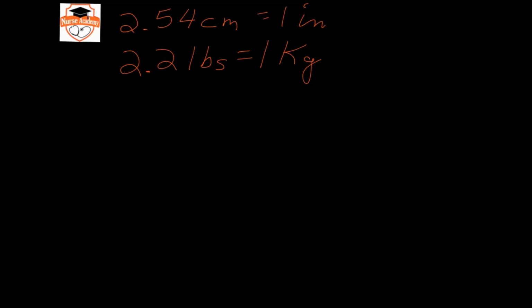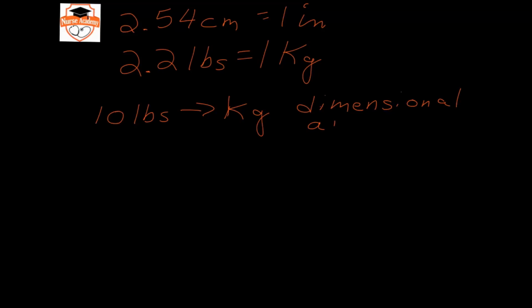So let's say that you were asked to convert 10 pounds to kilograms. In order to accomplish this, we're going to use something called dimensional analysis. And dimensional analysis simply describes the process of canceling out units and using the canceling out of units to determine when you multiply and when you divide to do a conversion.